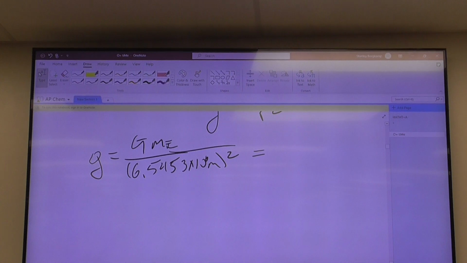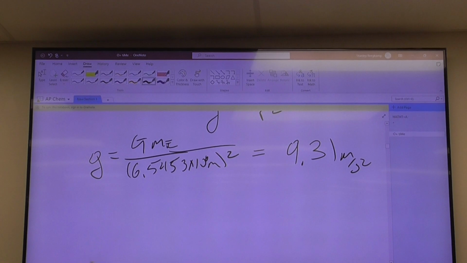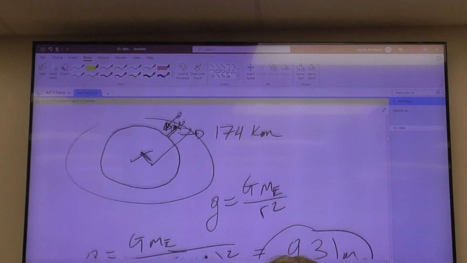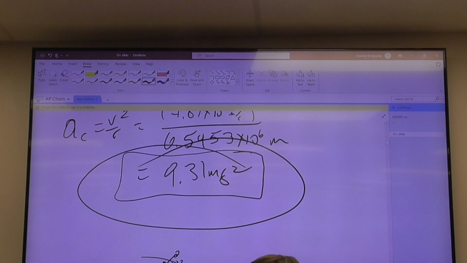What'd you get? You got 9.3. Oh, 9.31. It's the same. Oh, how cool is that? What? Whoa! That's crazy. It's the exact same number. So the gravitational acceleration, wait for it, is the exact same as the centripetal acceleration. Coincidence? I think not.